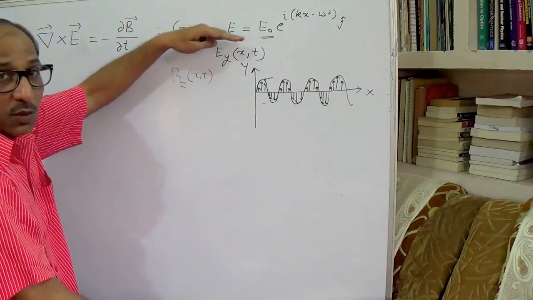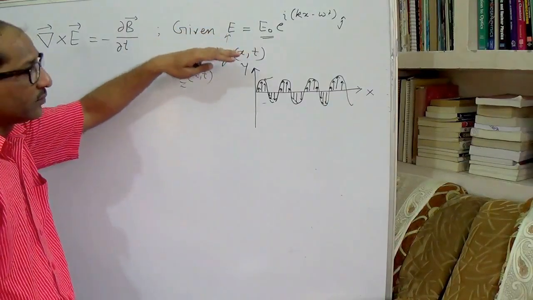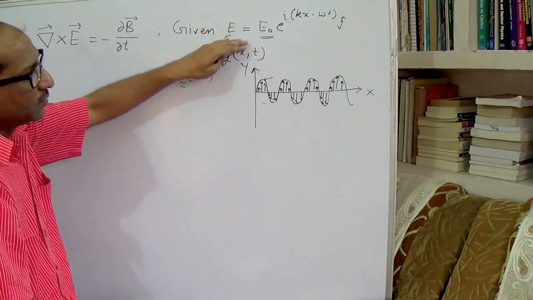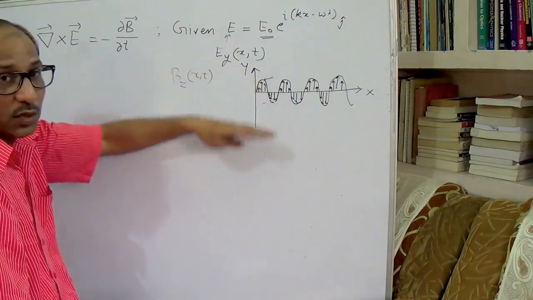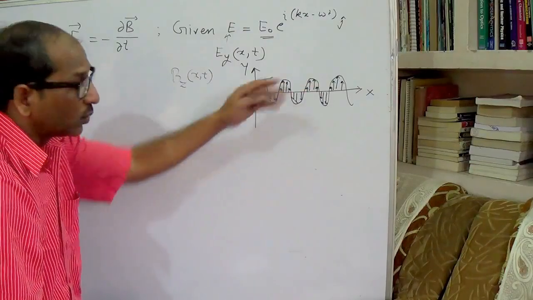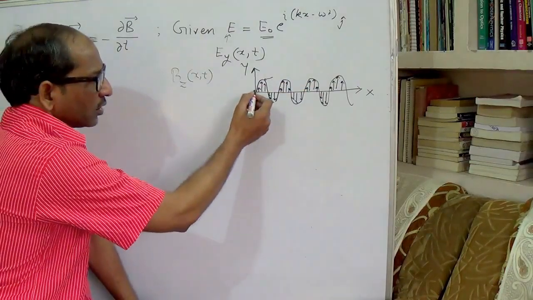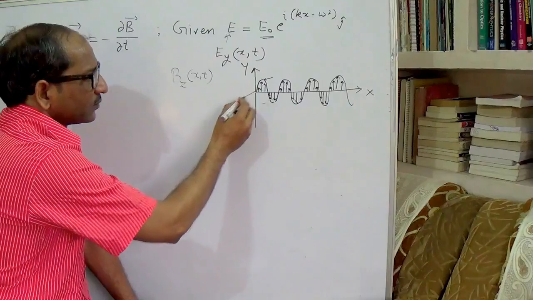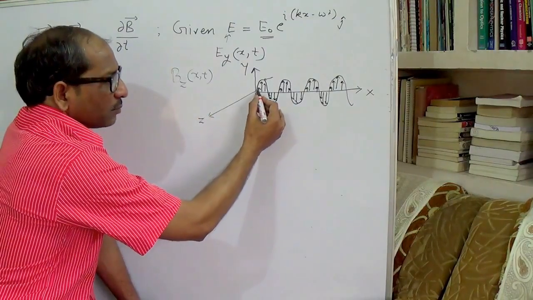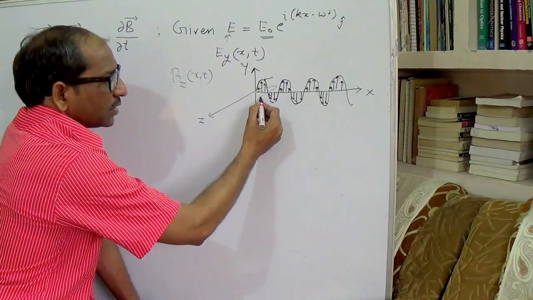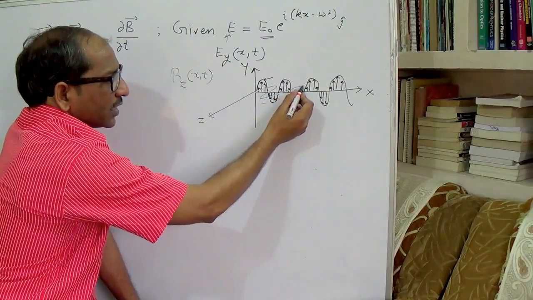Here Ey is given. That means the electric field component is vibrating along the y-axis. Now suppose this is the z-axis. The magnetic field component is vibrating along the z-axis like this.